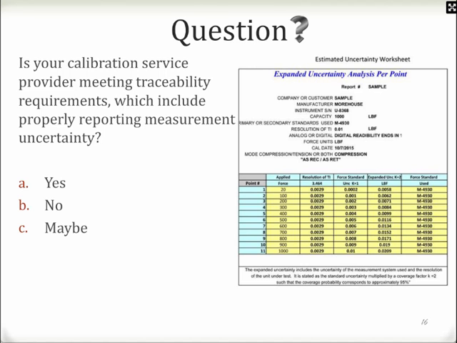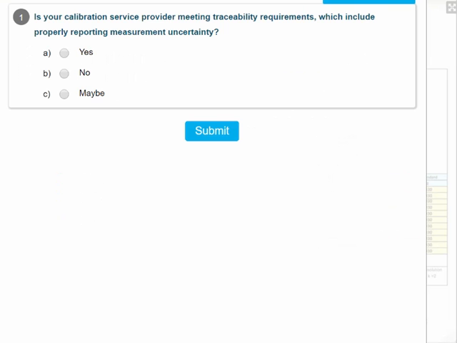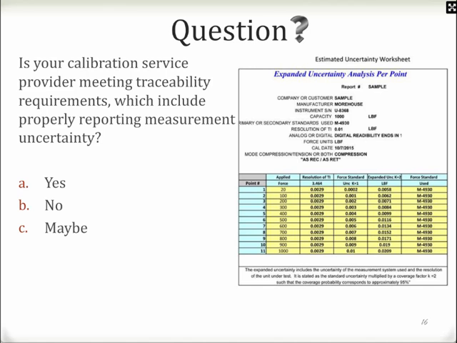So at this point, I'm going to turn everything over to Billy. Billy's going to ask everybody a poll question. Thanks, Henry. So now it's time for our first and only poll question today. It will appear on your screen now. The question is: is your calibration service provider meeting traceability requirements, which include properly reporting measurement uncertainty?